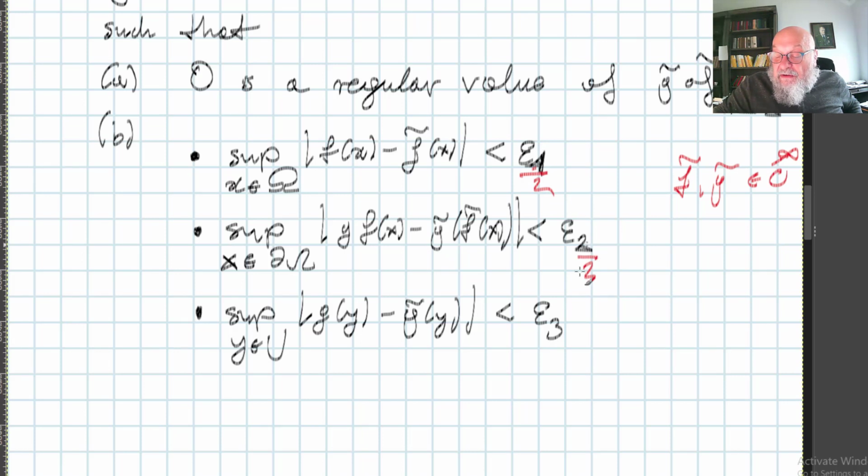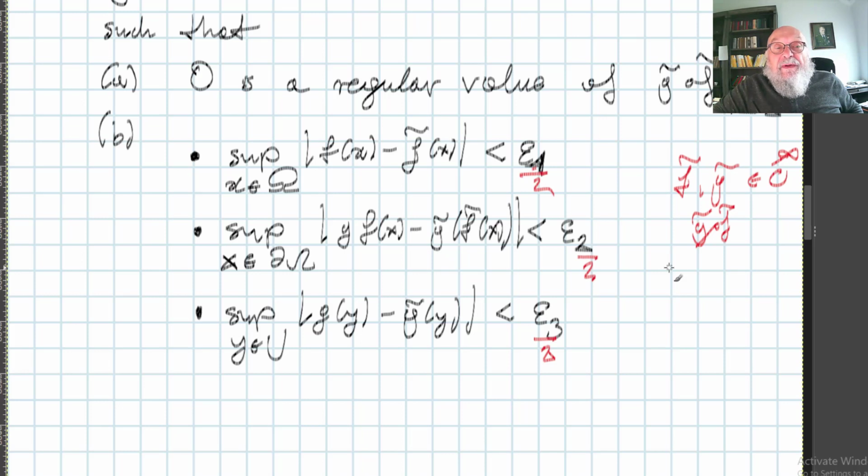And then once you have this smooth map, you apply Sard's theorem, because in such a case you know that the map G tilde composed with F tilde has the set of regular values open and dense in Rn.